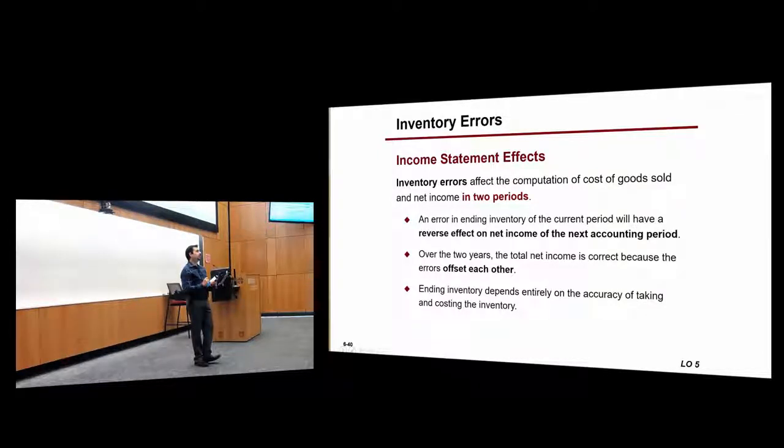Now, the cumulative effect over the 2 years will be 0, because an overstatement in net income in year 2014 will be offset by an understatement in the second period. Let's see how.